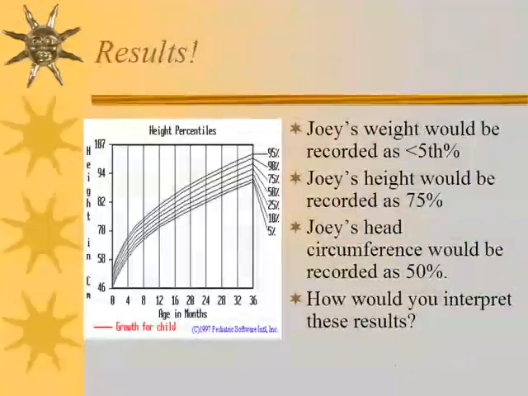Now again, with these, and you can do this on your own as well, Joey's weight is falling below that 5th percentile line, so that's how we would record it, less than the 5th percentile. Sometimes when children are falling in this less than the 5th percentile area, we would refer to that as failure to thrive, or sometimes that's abbreviated FTT.